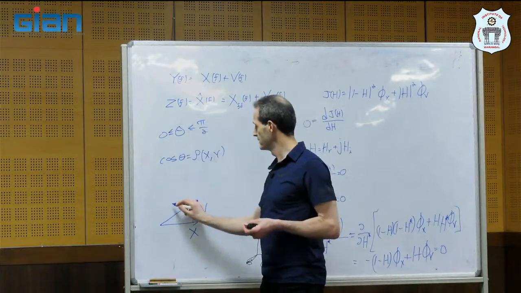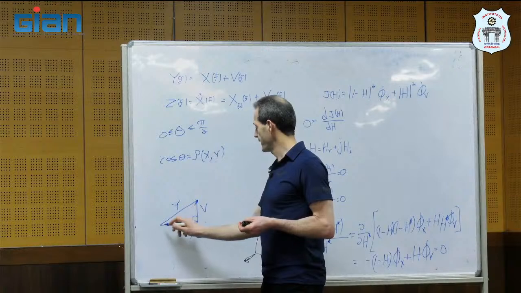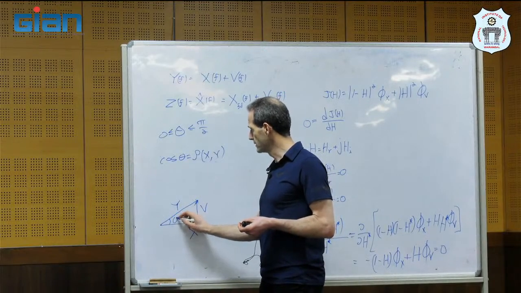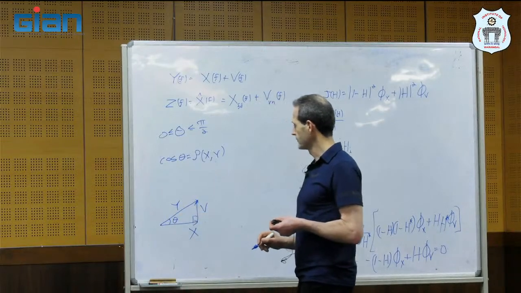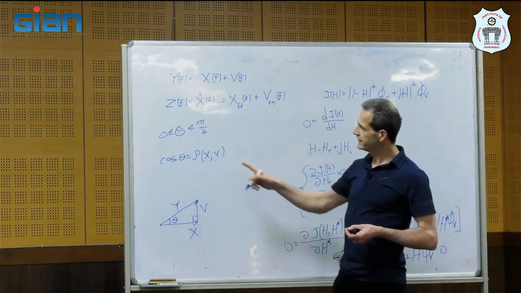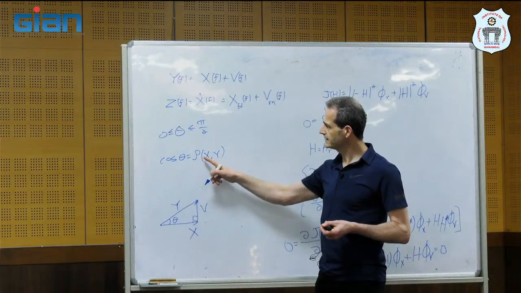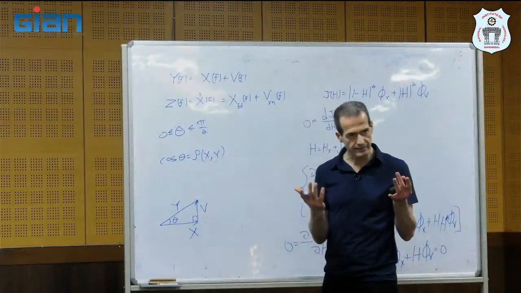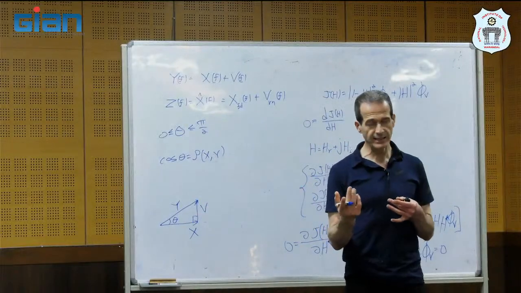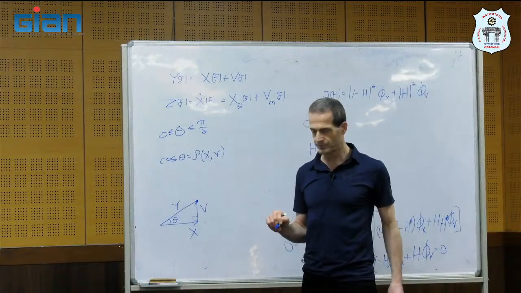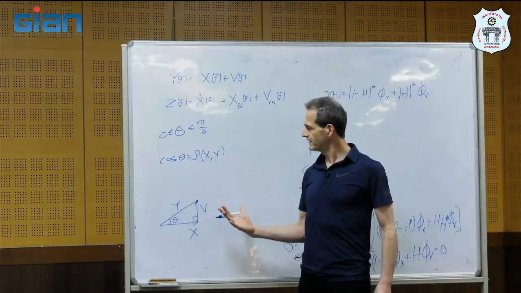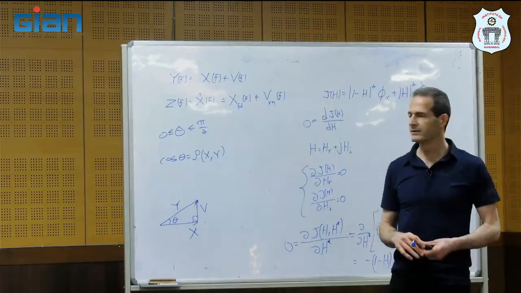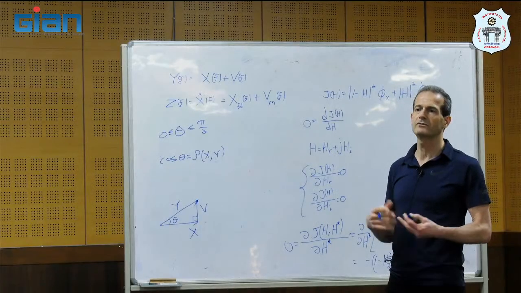Y, x plus v, and this is the angle theta. So this represents how x and y correlate. What is the angle between the desired signal and the noisy signal? It's just like a graphical representation of signals, and you can represent signals this way. It's more like a convention.